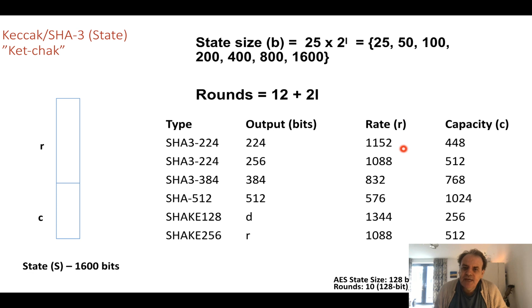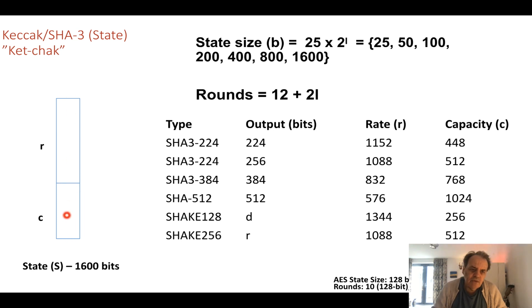So the value of the rate is predefined. So we have 1152 bits for 224 and 448 bits here. For SHA-3 512, we have 576 bits here and 1024 bits there.